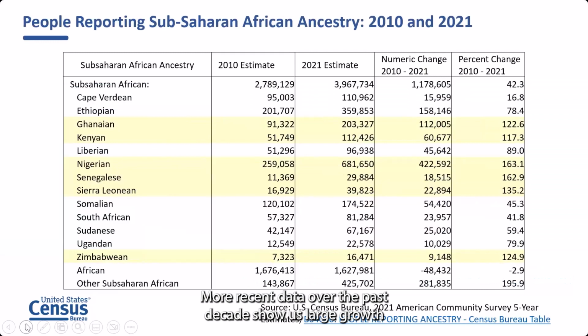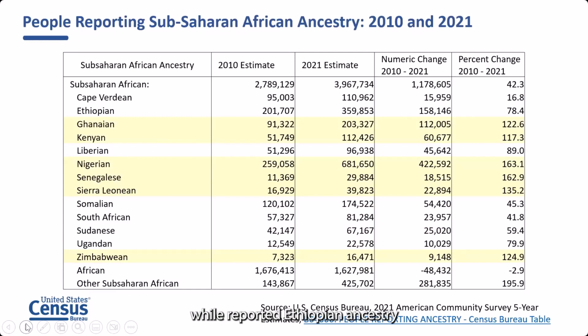More recent data over the past decade show us large growth in many of the populations reporting sub-Saharan African ancestry. In the table on the slide, I highlighted the 6 reported ancestries in this area that have at least doubled from 2010 to 2021, according to American Community Survey estimates.